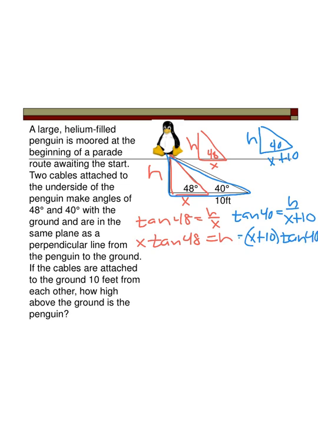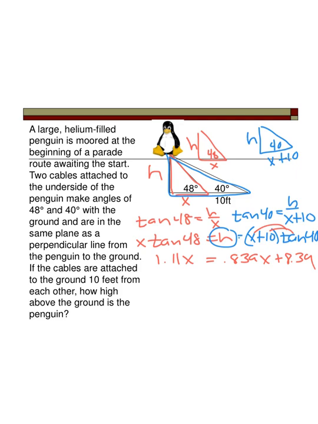All right, since both of these expressions equal h, that means they have to equal each other. And I can also go ahead and multiply in tangent of 48 and tangent of 40. So on the left side, if I multiply x by the tangent of 48, then I get 1.11x. And on the right side, if I distribute, then I get 0.839x plus 8.39.